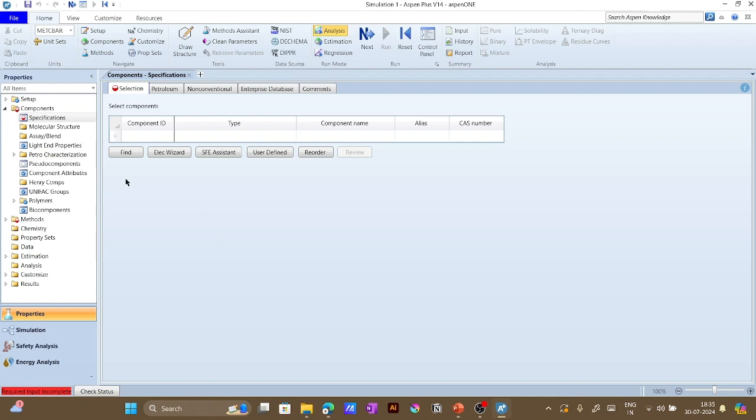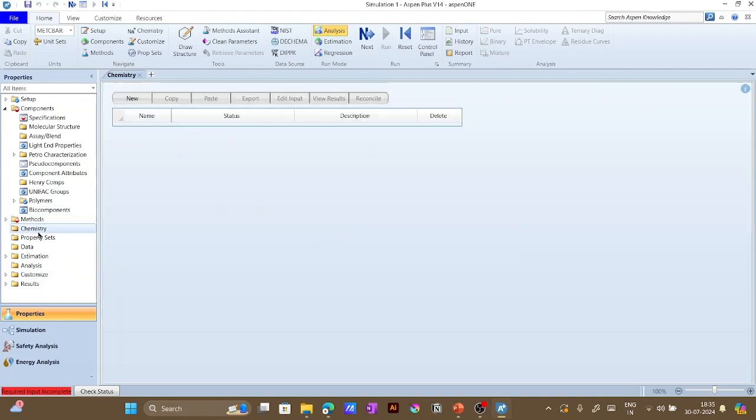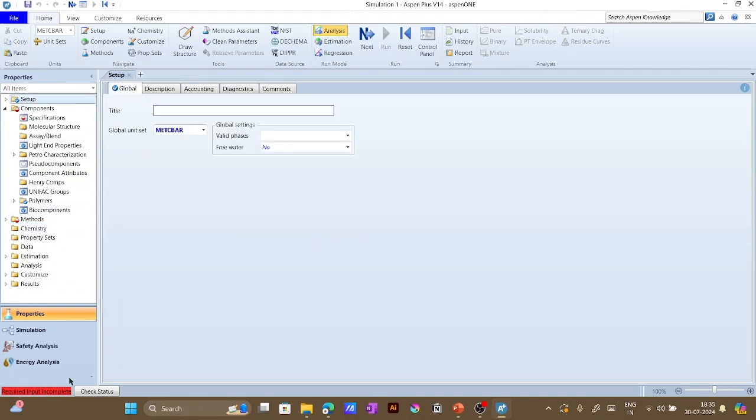When you open the Aspen Plus interface, this is the first thing you will get. On the left side you get a navigation bar where you can go to the different blocks and property calculations. When you start, there are mainly four types of calculation: property estimation, simulation, safety analysis, and energy analysis. Mainly we will be dealing with properties and simulations.